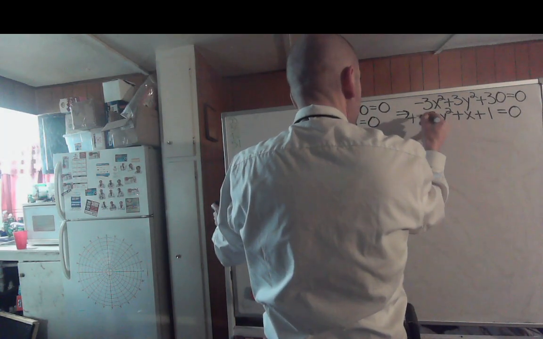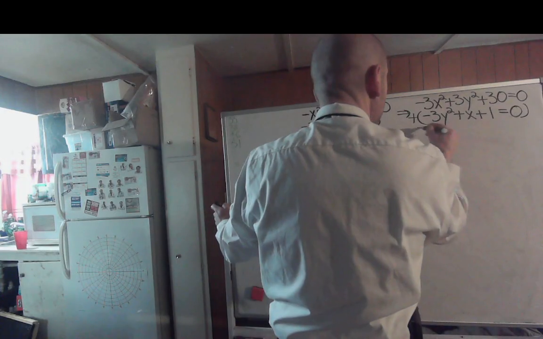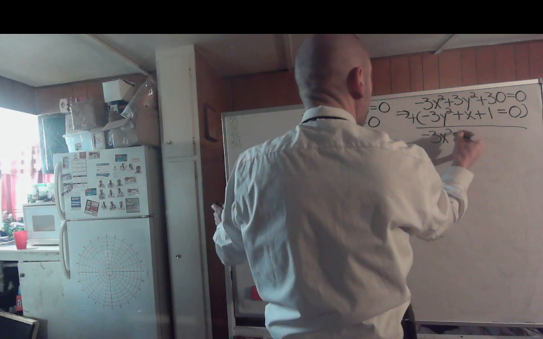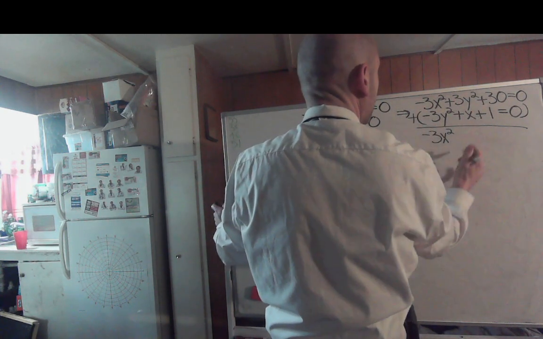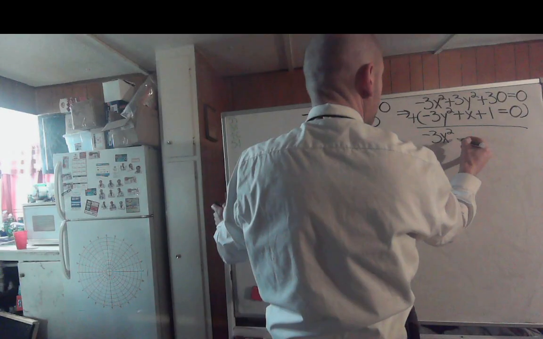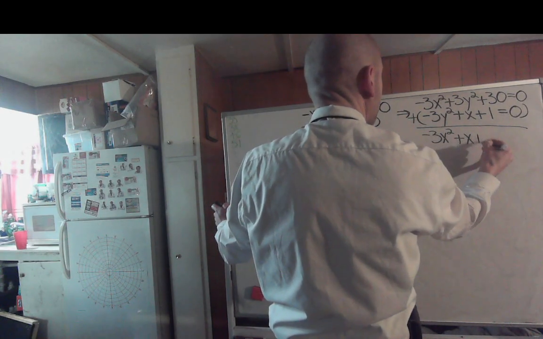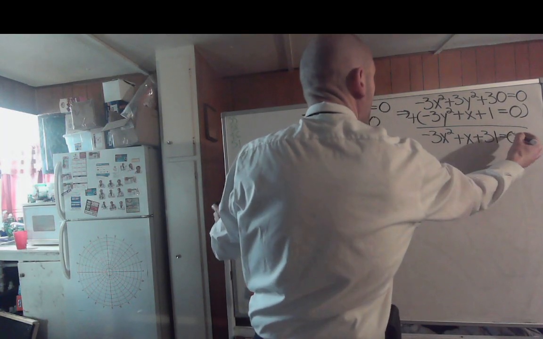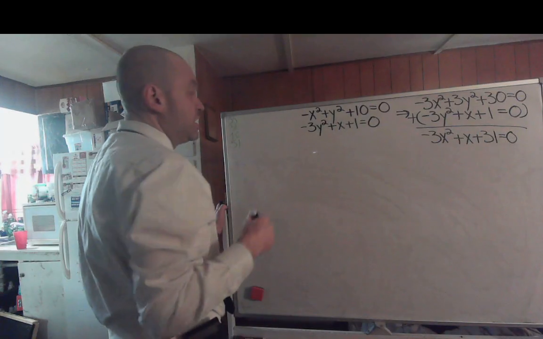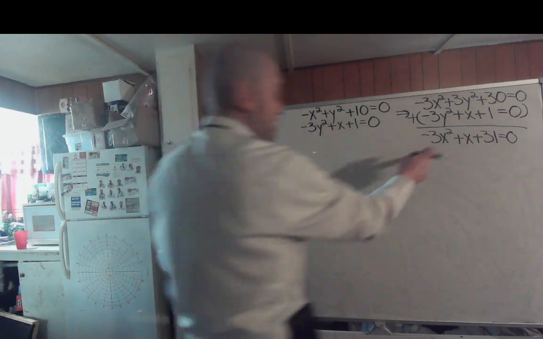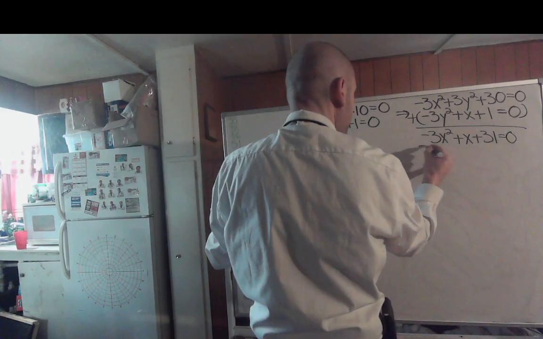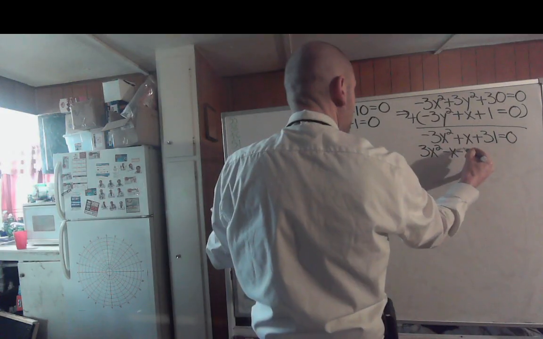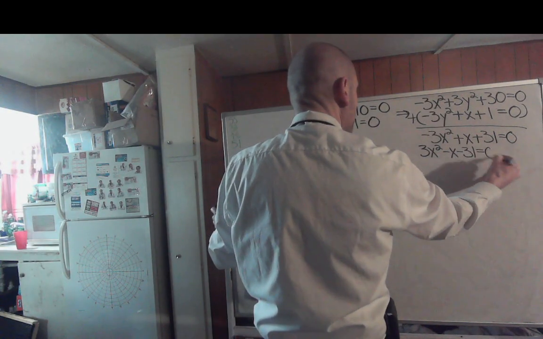So let's go ahead and add the second to the first. If we do that, you'll end up with negative 3x squared. The y's are gone. Then you'll just have plus x plus 31 is equal to 0. Well, you can definitely factor out a negative 1 from this and get 3x squared minus x minus 31 equal to 0.